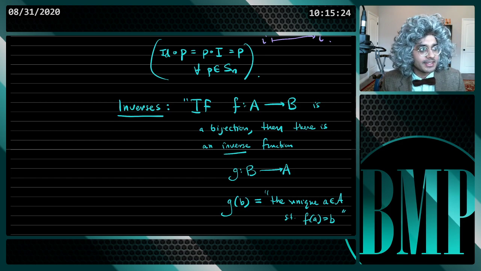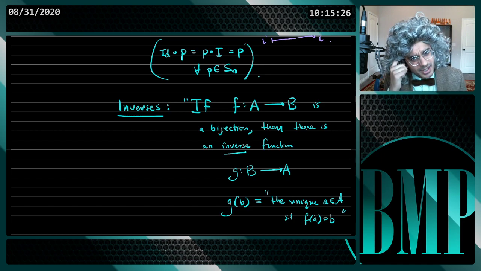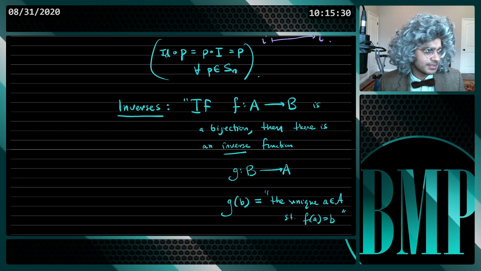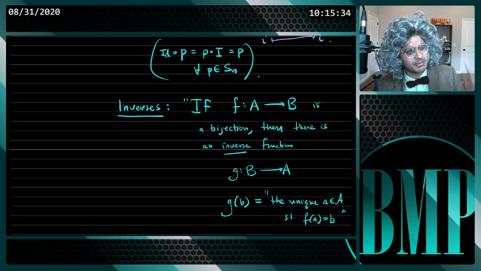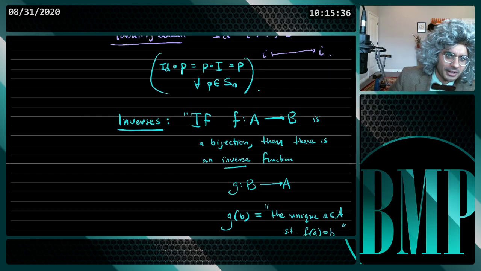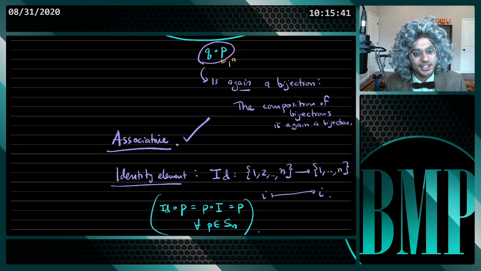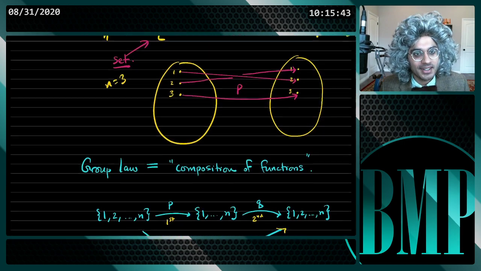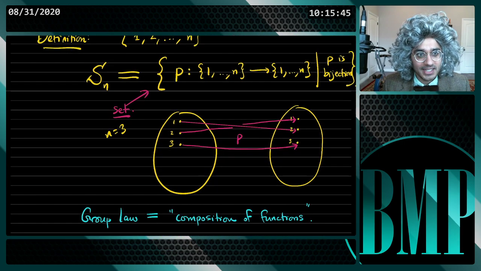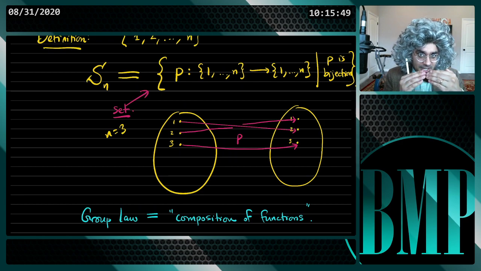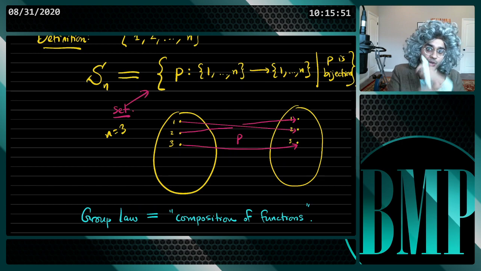In the same way that, like, squaring and square root, that's a bad example. Whatever. You should know what I'm talking about from 3613. Okay, so there's your group Sn. It's the set of permutations, where we view a permutation as a function from the set to itself.